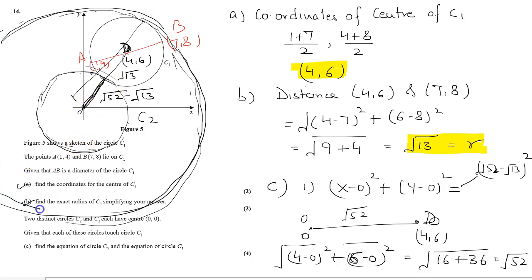This is the center, so this is going to be the circle. Now its radius is root 52 up to here plus root 13. So it will be x square plus y square is equal to (root 52 minus root 13) square, or x square plus y square is equal to (root 52 plus root 13) square. So this is for C2 and this is for C3. That is the equation of circle C2 and the equation of circle C3.